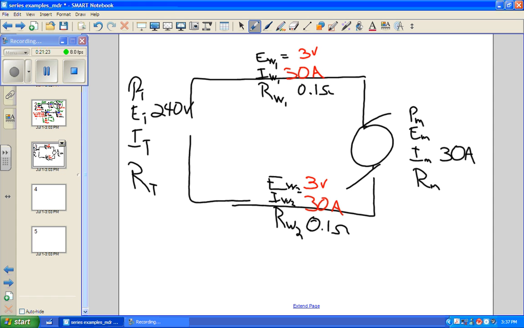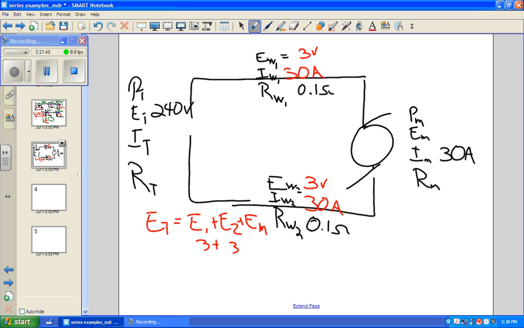So what you're seeing here is this thing is 240 volts supplied and at 30 amps, and how much voltage drop is going to be generated by that current. Now we know that ET is equal to E1 plus E2 plus, in this case, the voltage of the motor.